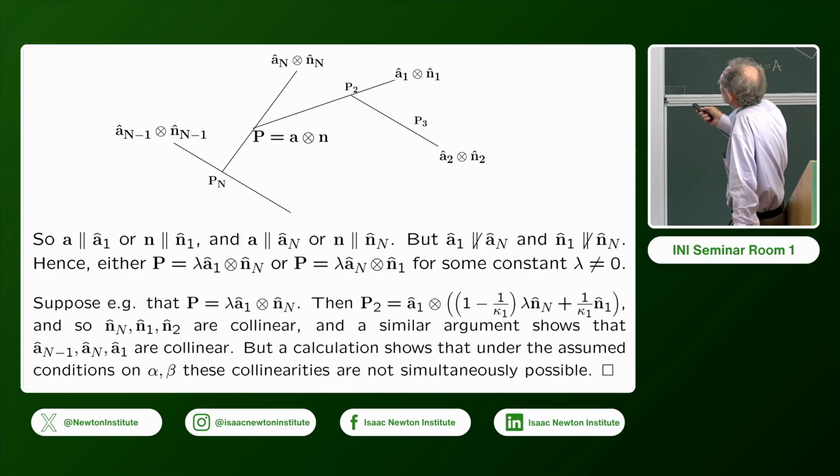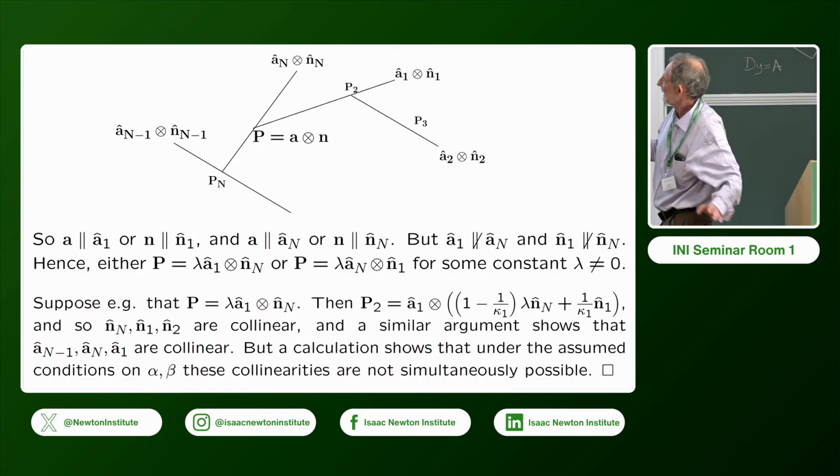Then you write P2 as a convex combination of this P and A1 hat tensor N1 hat. So here's the explicit form of it. All right, but P2 is rank 1 connected to A2 hat tensor N2 hat. And here we have P2 is of the form A1 hat tensor something. And A1 hat is not parallel to A2 hat. So therefore, this vector has to be parallel to N2 hat.